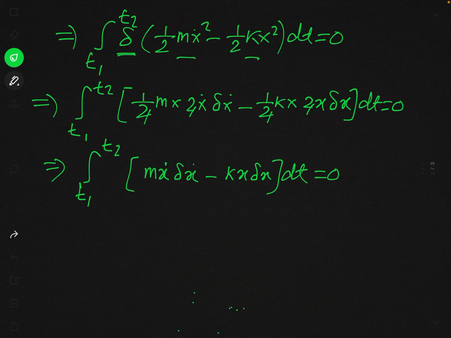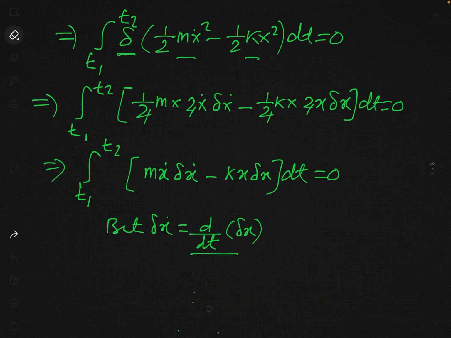But you know, when we were discussing Hamilton's variational principle, we explained that this delta x dot is equal to d dt of delta x. You have already seen this result. So the first term inside this square bracket can now be written by the use of this relation.